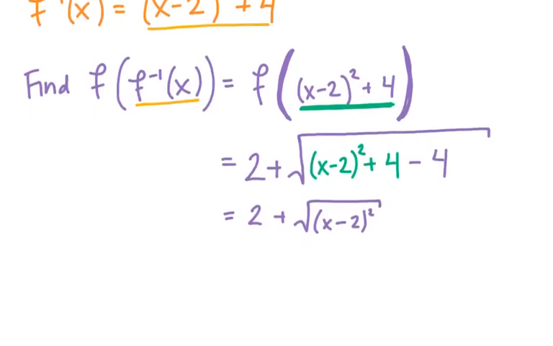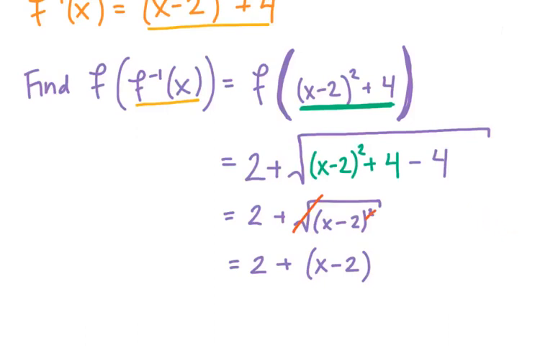And when we have a quantity under the radical squared, it simplifies to just the quantity, right? So for example, if I had the square root of 3 squared, the squaring and the square root cancel out, so it would leave just the 3. In the same way, in this problem, the square root and the square cancel, leaving just the quantity x minus 2.